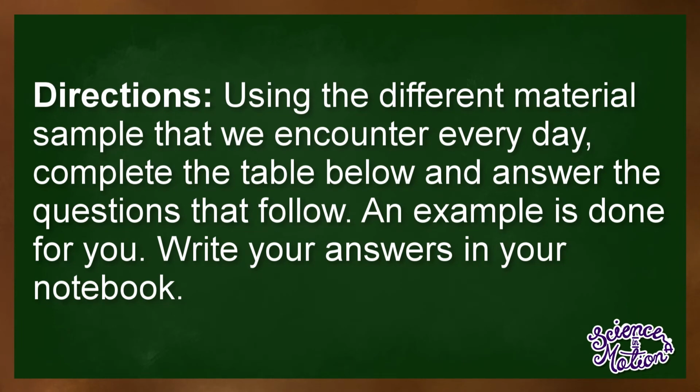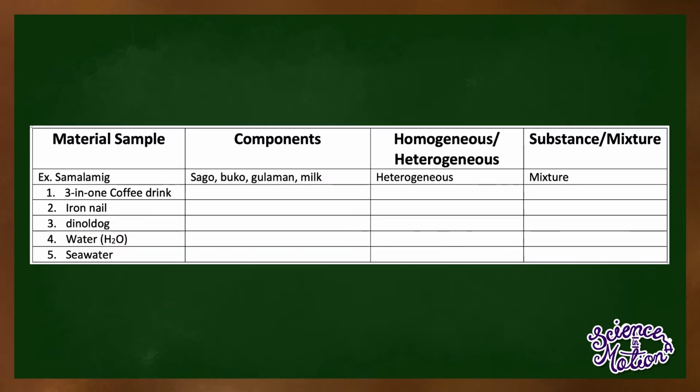Directions. Using the different material sample that we encounter every day, complete the table below and answer the questions that follow. An example is done for you. Write your answers in your notebook. In the first column, you are given the material sample.